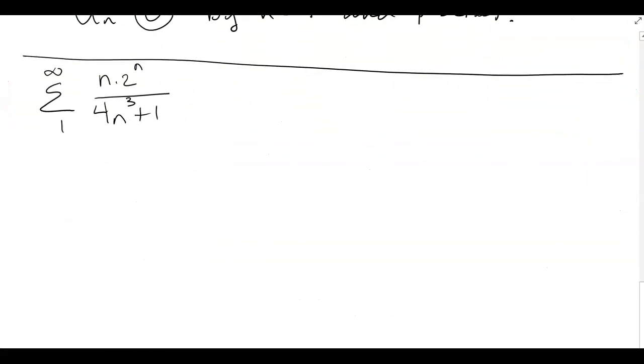So for this one, let's think through this. First of all, I'm going to ask again, what is insignificant as you move off into infinity? What becomes insignificant? That plus 1, right?